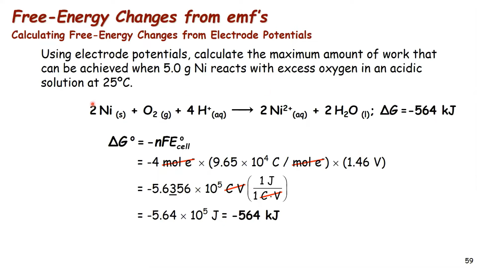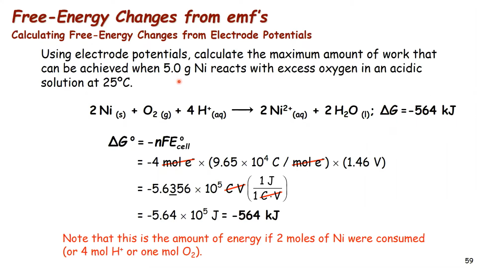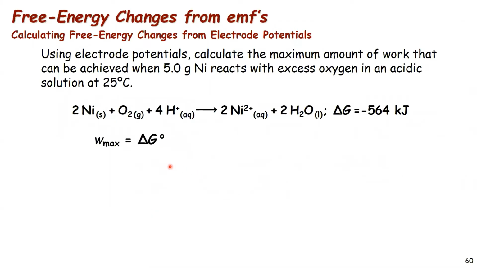Now we could relate the moles of nickel to the free energy that is released to the 5 grams, right? So again, we'll start off with the 5 grams. Maximum work then is going to be the 5 grams of the nickel. We need to convert that to moles, so we could use the molar energy ratio.